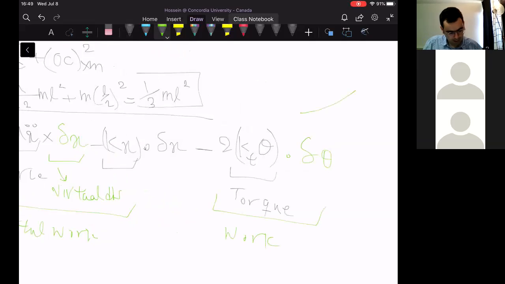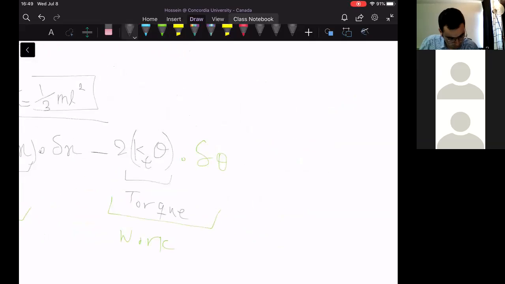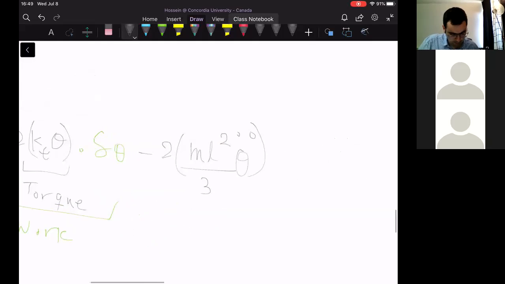So at the end, we have two inertial forces which oppose the motion. We add them: 2 m L squared over 3 multiplied by theta double dot, divided by virtual rotation delta theta.